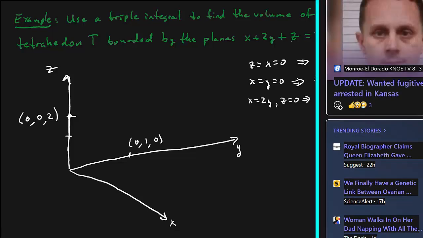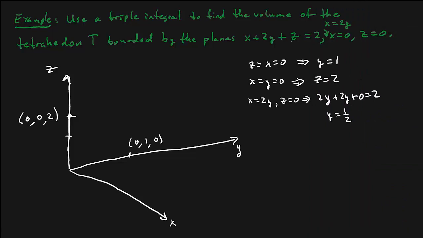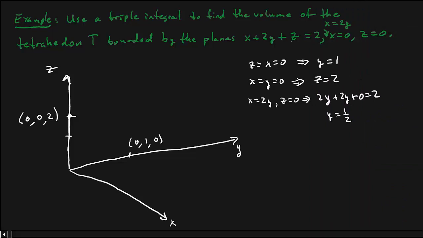So z is 0, y is 1/2. What's x? Well, x is 2y, so x is equal to 2 times y, which is 1/2, which is 1. So that's going to give me the point 1, 1/2, 0.